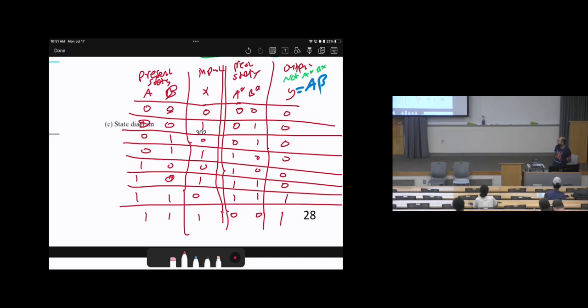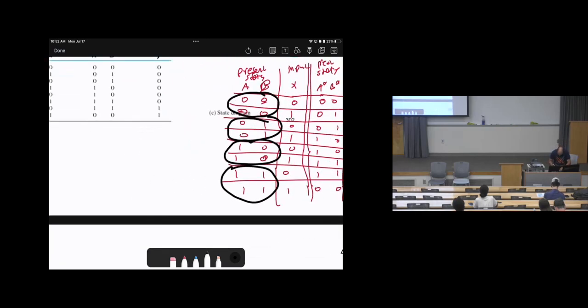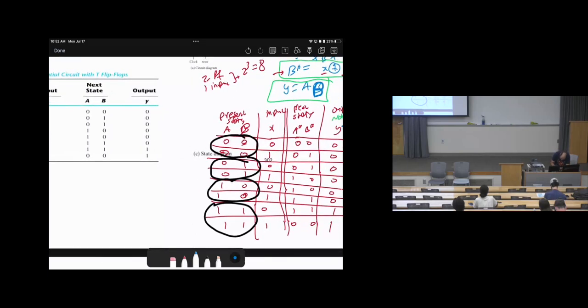Any question about the state table? So the next step is to do the state diagram. Look at how many possibilities we have. We have 0 0, 0 1, 1 0, 1 1, 4 possibilities. So I can write it as a general formula: the number of possibilities, or number of circles, equals 2 power number of flip-flops.